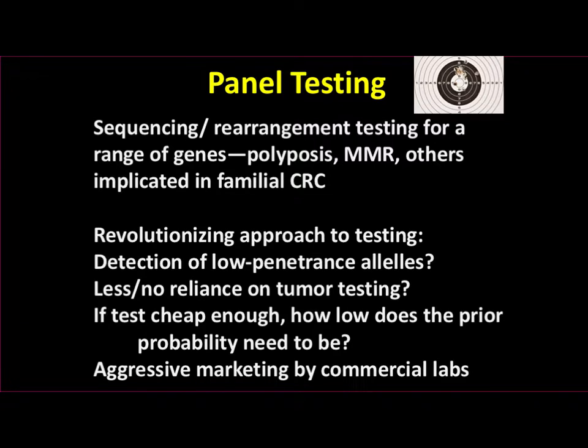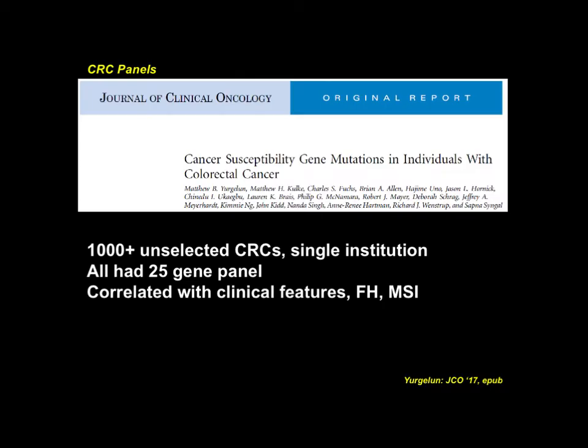I think this is kind of the elephant in the room right now, and we can get some discussion about that. Basically, this is what panel testing is: very, very broad brush panel testing for underlying mutations. So I want to make another shout out to Matt Yerglin.